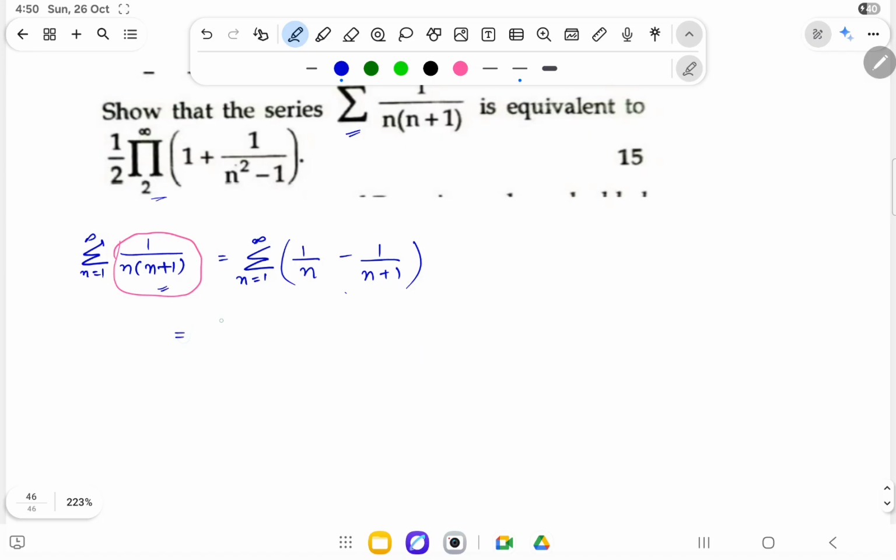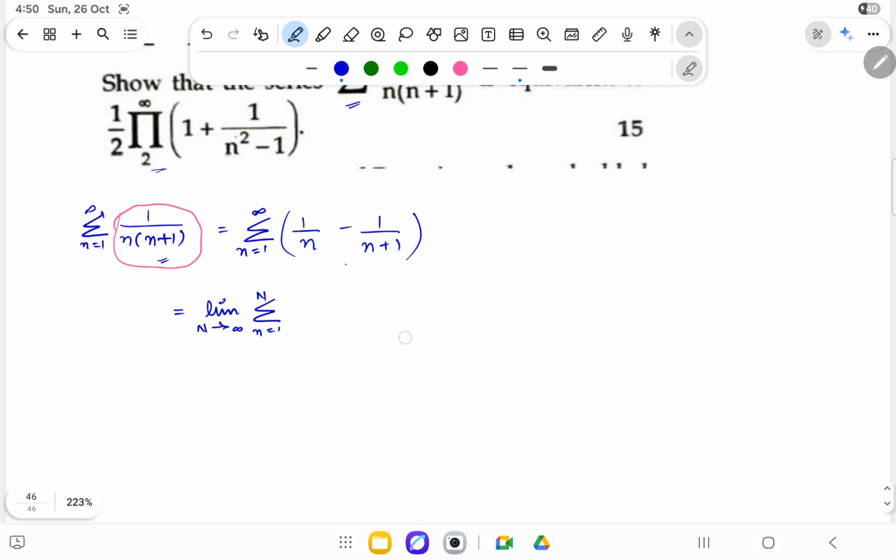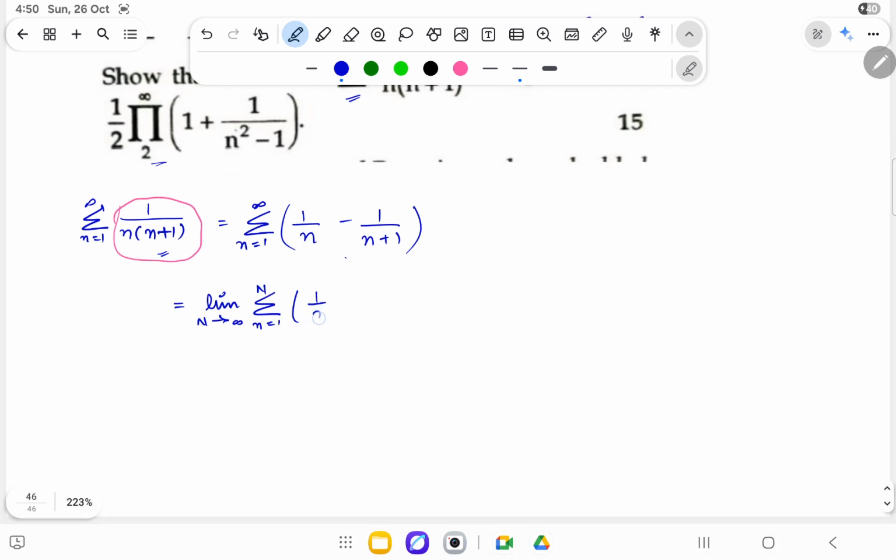Now if I just expand it, it will be 1 minus 1 by 2 plus, or what I can do is I can write it as limit capital N approaches infinity, summation small n equals 1 to capital N, of 1 by n minus 1 by n plus 1.